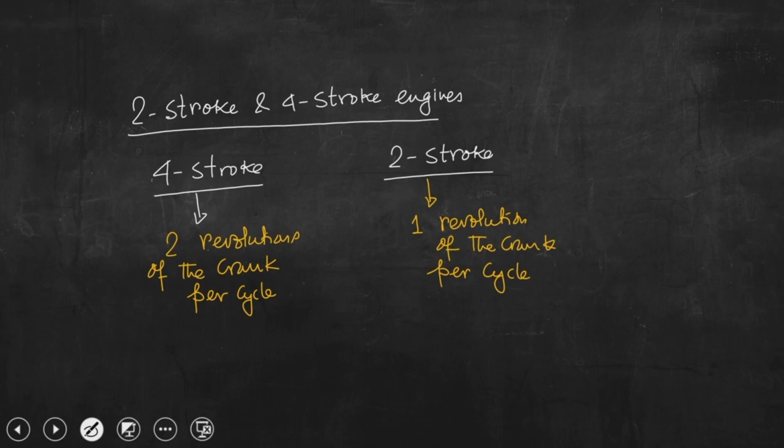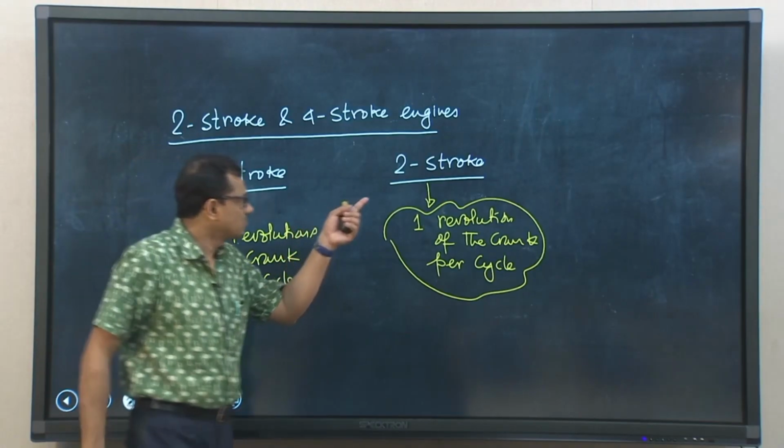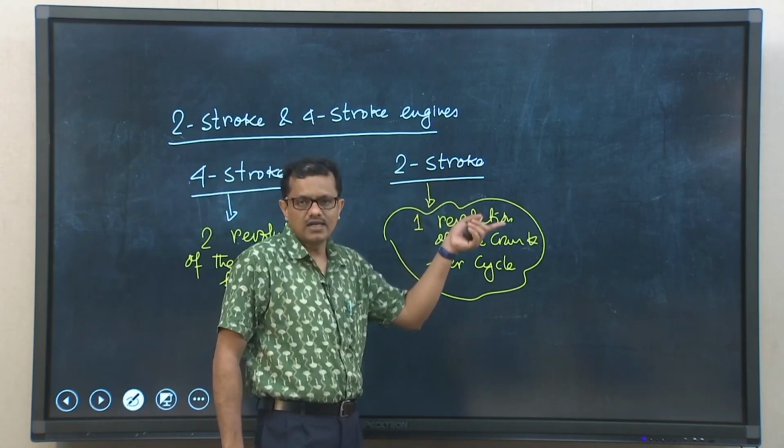is 4-stroke cycle engine, then we have discussed per cycle we could identify 2 revolutions of the crank, while for the 2-stroke cycle engine only 1 revolution of the crank per cycle. Now, I am coming to this particular point. Since 1 revolution of the crank per cycle, and we have seen that there is 1 power stroke in a 2-stroke engine, 1 power stroke vis-a-vis 1 idle stroke.